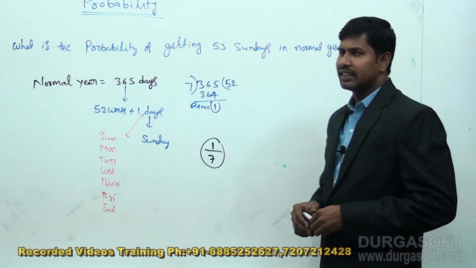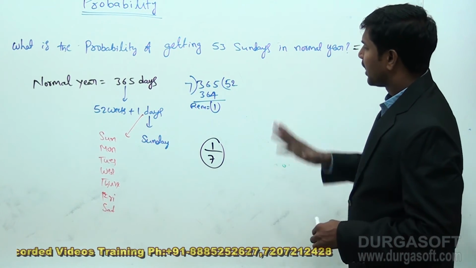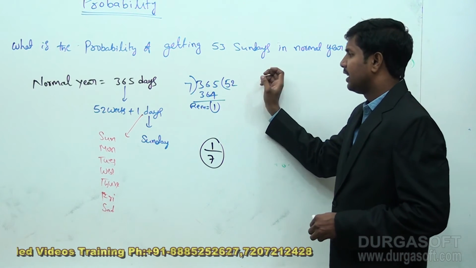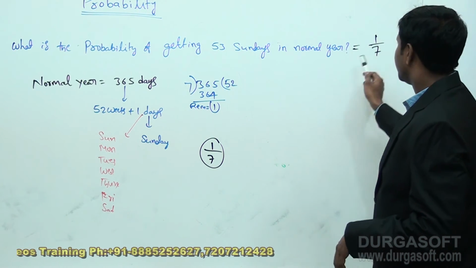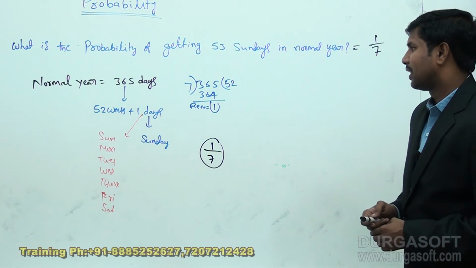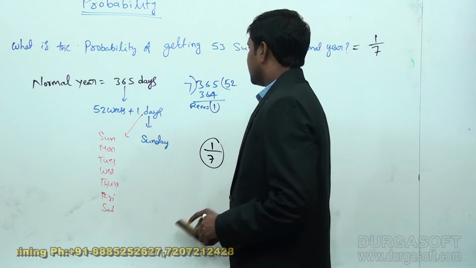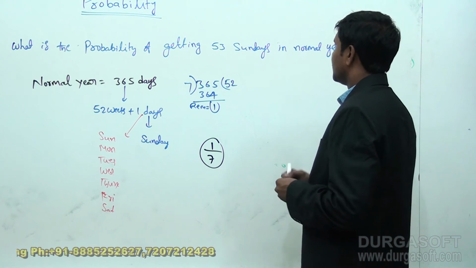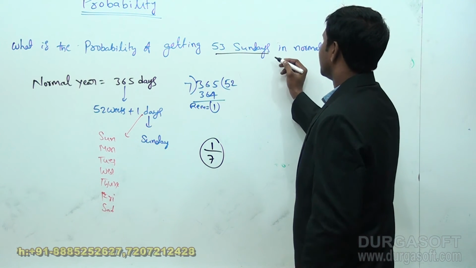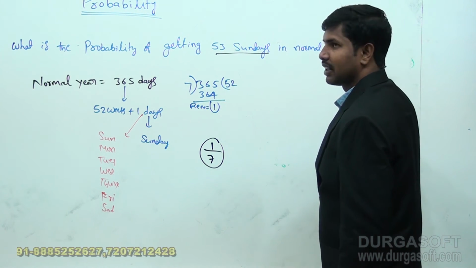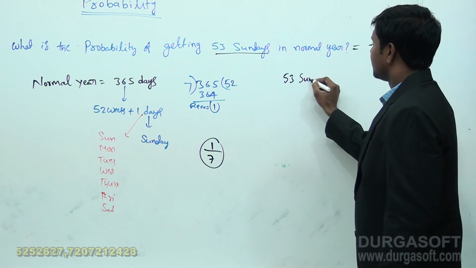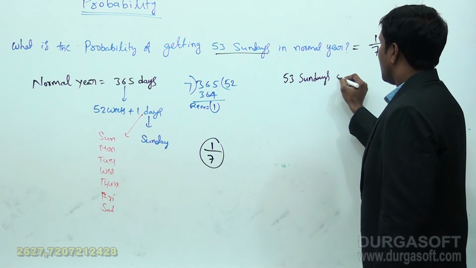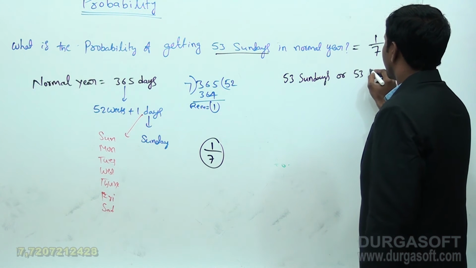Not only 53 Sundays, whether I ask 53 Fridays or 53 Mondays, for any day of the week, when we are expecting 53 times, it is definitely equal to 1 by 7. In the same way, if my question is about 53 Sundays, the answer is 1 by 7. Suppose my question is 53 Sundays or 53 Fridays.